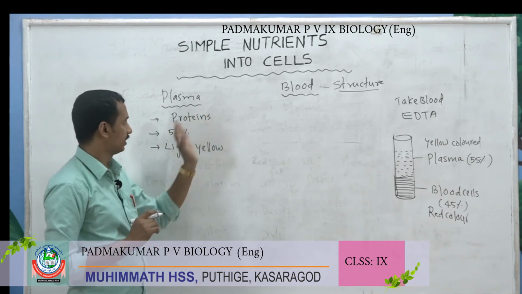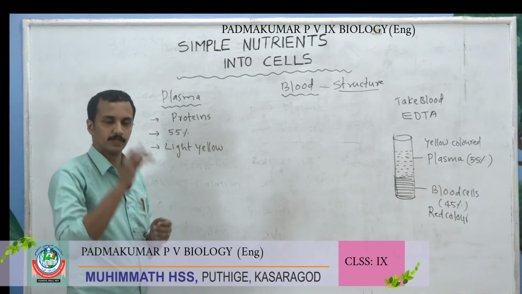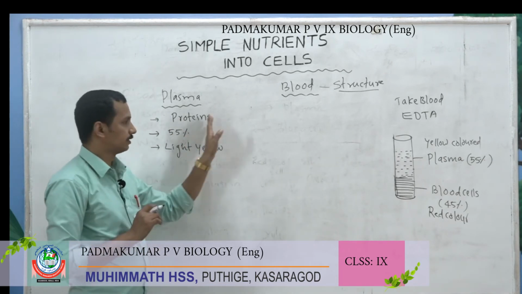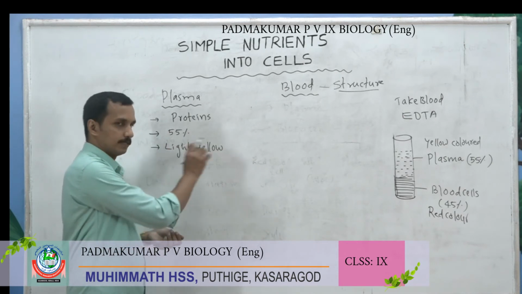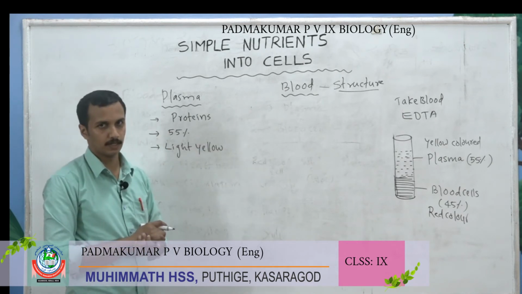Okay, human plasma contributes 50% of human blood. There are different types of proteins in plasma. It is light yellow in color.